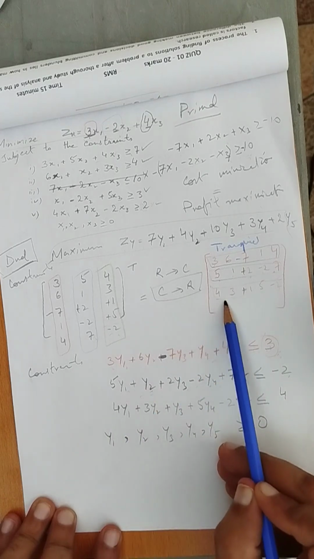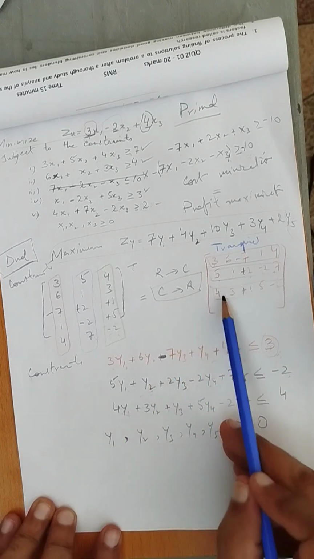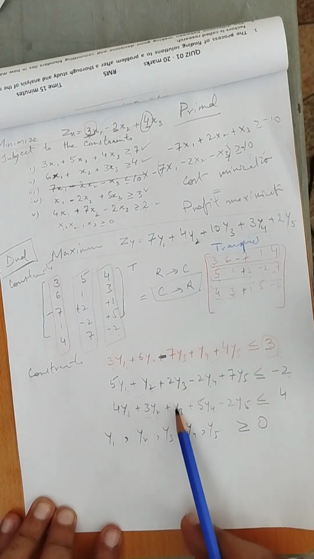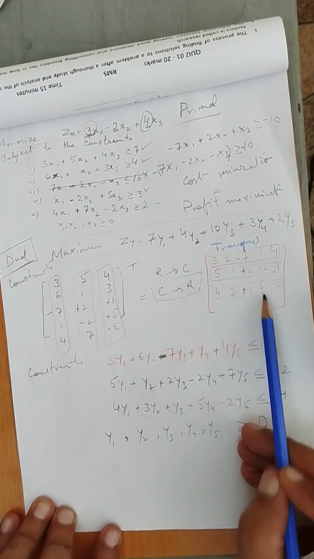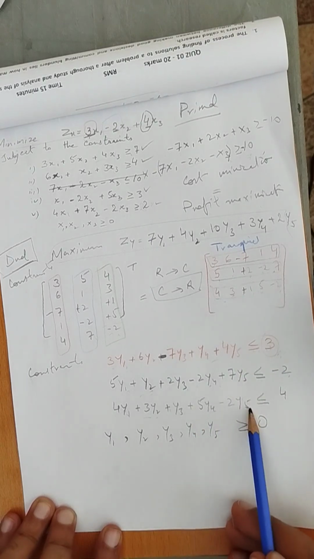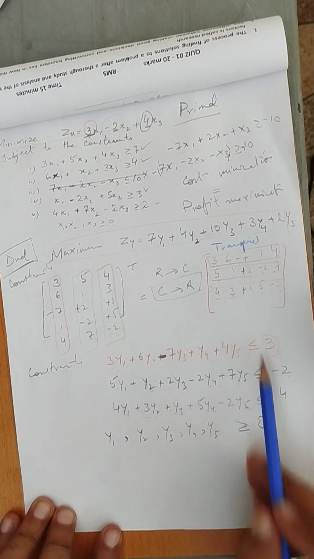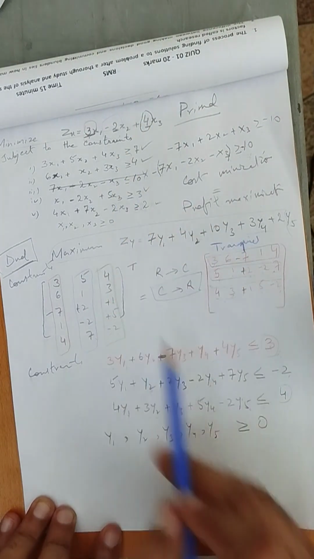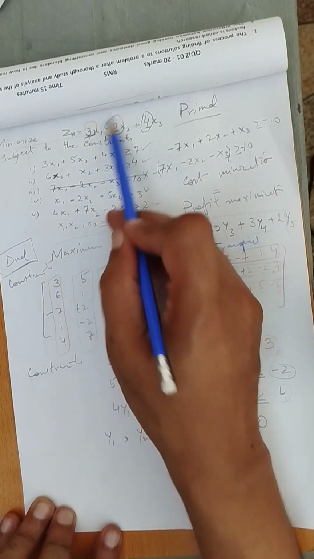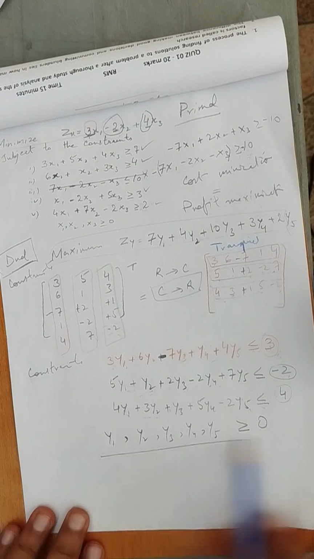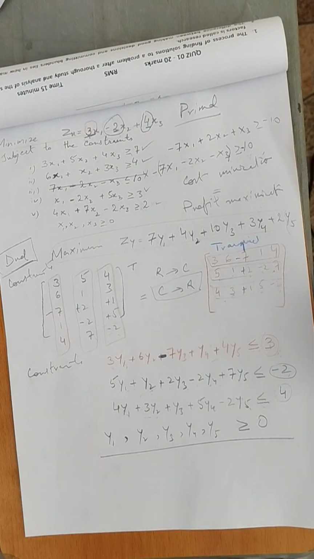The last one: plus 4 y1 plus 3 y2 plus 1 y3 plus 5 y4 minus 2 y5 less than or equal to, the inequality is the same, and the 4 has come from here, the minus 2 has come from here. So these were done, and remember to write like this. So we are done with this question. Thank you very much.